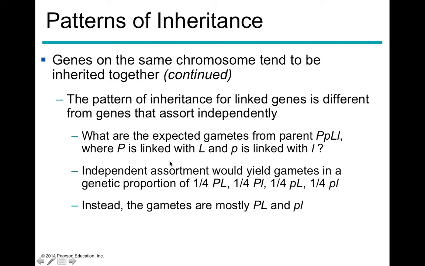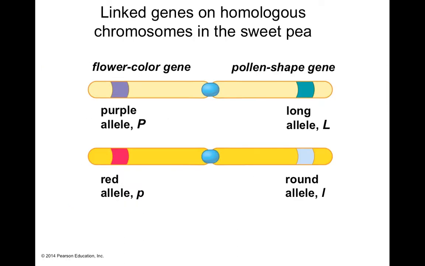Your independent assortment would yield gametes of 1/4 homozygous dominant, 1/4 heterozygous with P being the dominant trait, 1/4 heterozygous with L being the dominant trait, and 1/4 homozygous recessive. Instead, almost all of the gametes are either homozygous dominant or homozygous recessive, and that indicates that they're traveling together and there's no chance for them to separate out. What does that mean? That means that they're on the same chromosome.